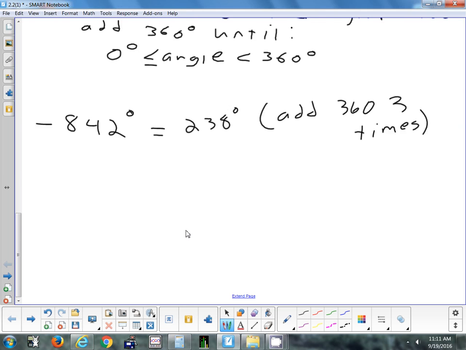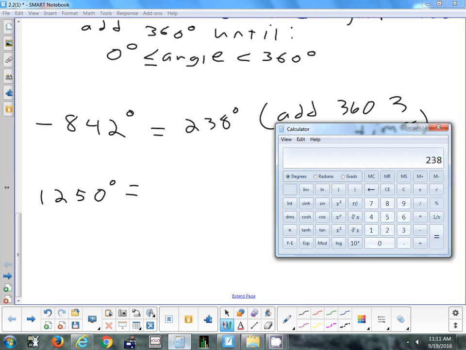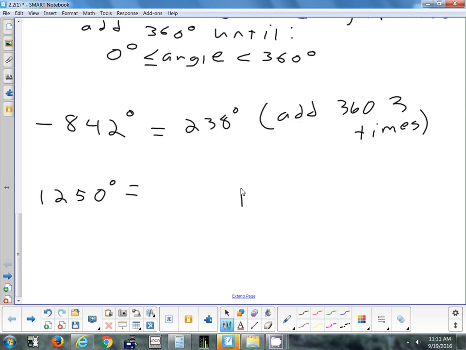Okay, what about if I had 1,250 degrees? Rebecca, how would I make that a smaller, more manageable angle to work with? Yeah. Okay, I have no idea where 1,250 degrees is. But if I subtract 360 a couple of times, I can tell you where 170 degrees is.